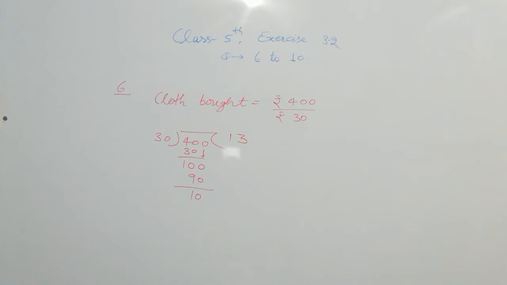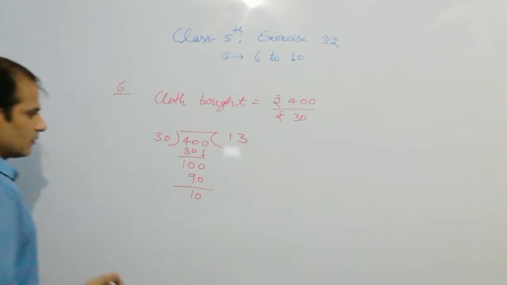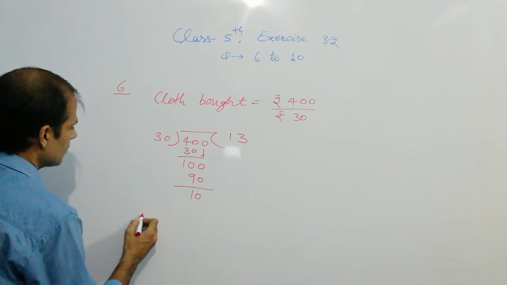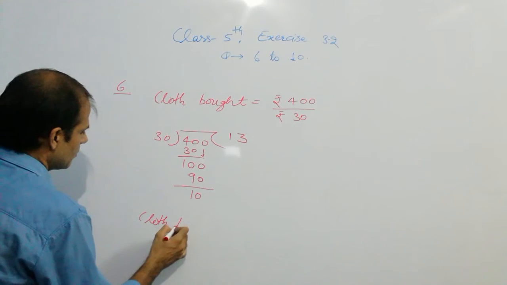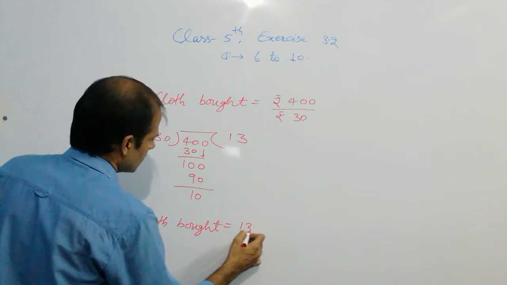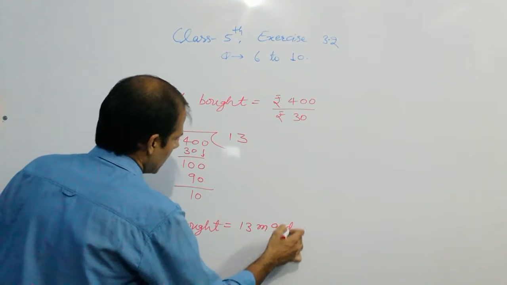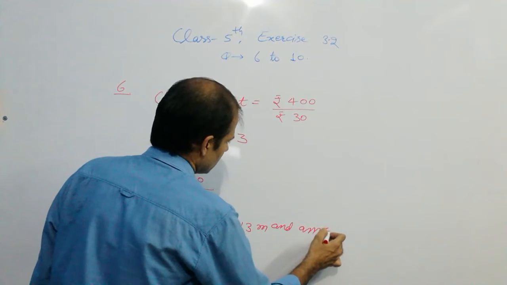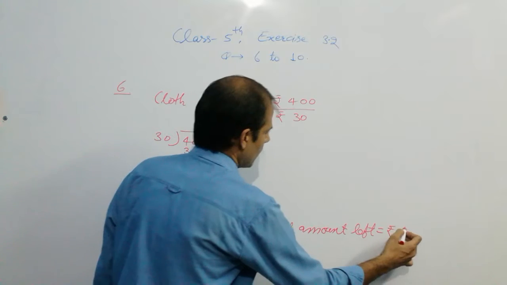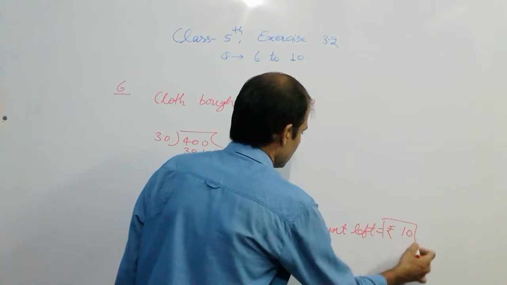So we have to mention it in a proper way. Cloth bought equals 13 meters and amount left equals rupees 10.